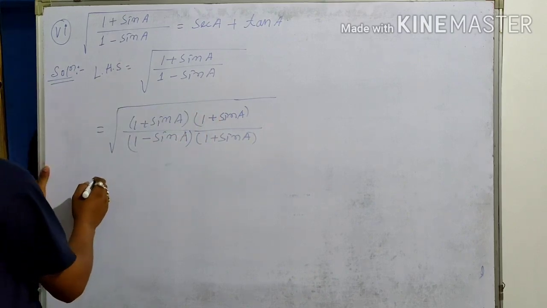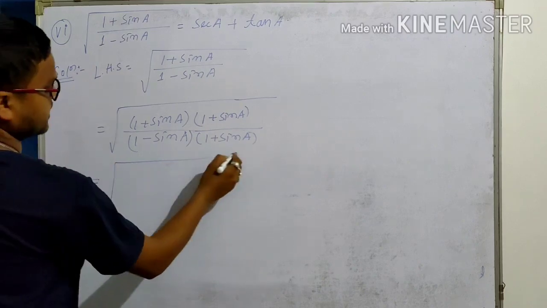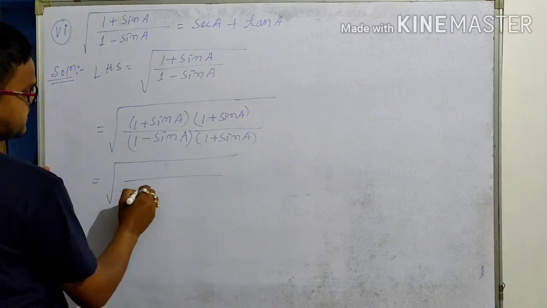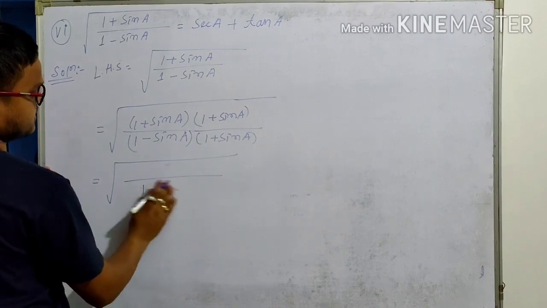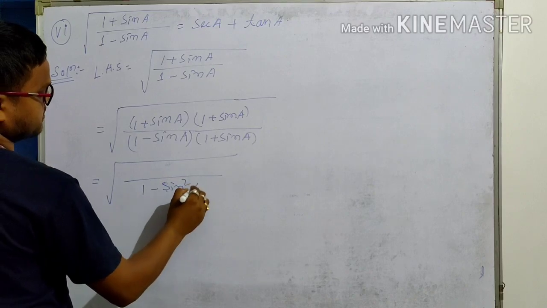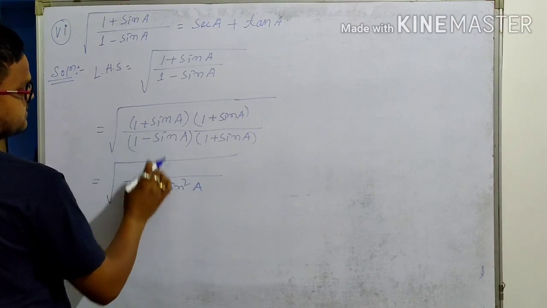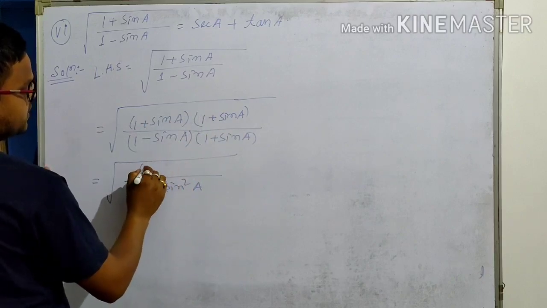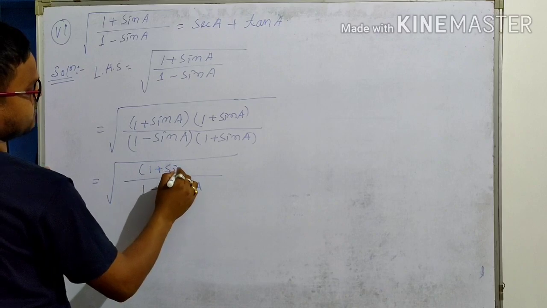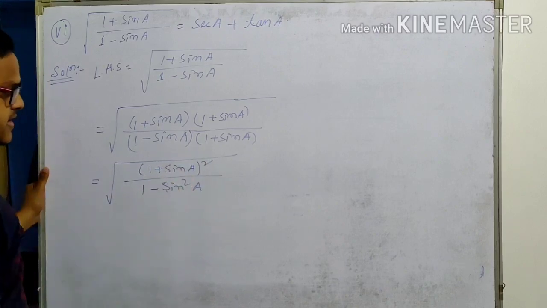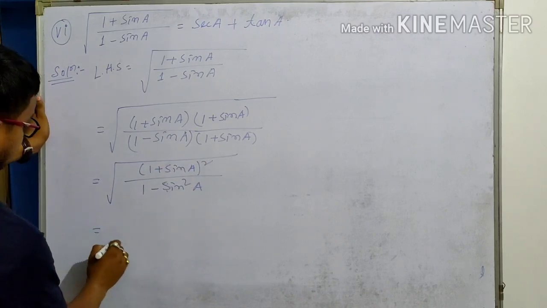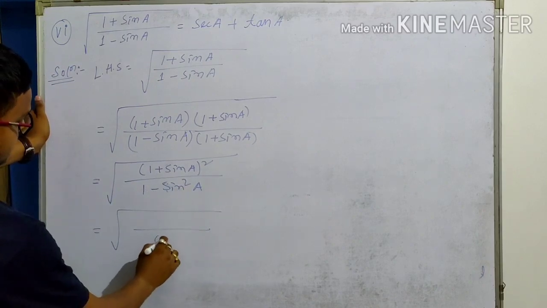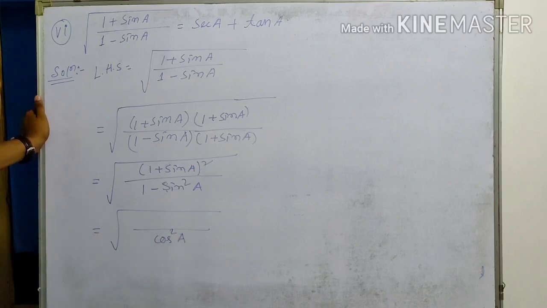So here finally, in the denominator part, you get (a minus b) into (a plus b), that is a square minus b square, meaning 1 square minus sin square a. In the numerator part you will get (1 plus sin a) whole square. In the denominator part we already know 1 minus sin square a is equal to cos square a with the first identity.